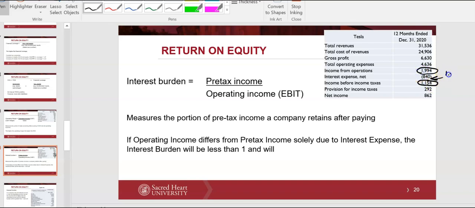So if we ask what percentage of our operating income is our pre-tax income, what will this tell us? This will tell us how much of our operating income is going towards taxes, or sorry, is going towards interest.